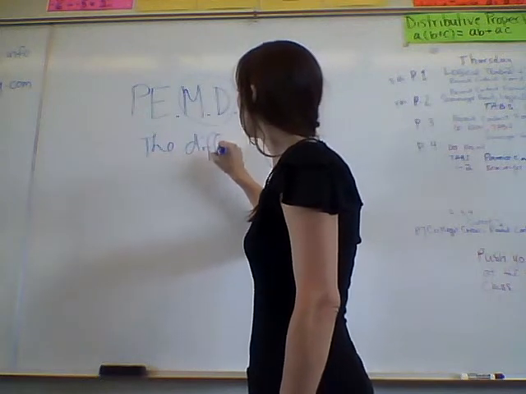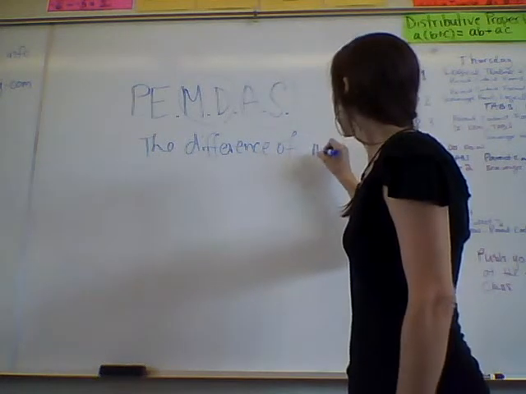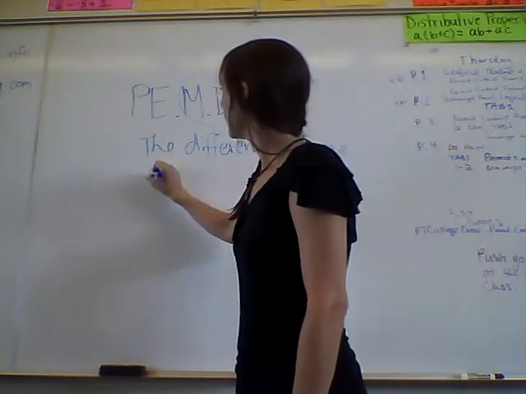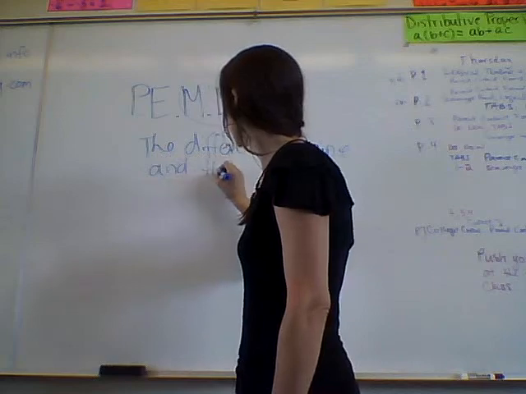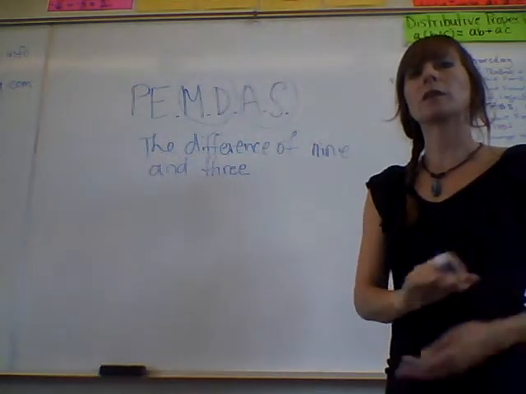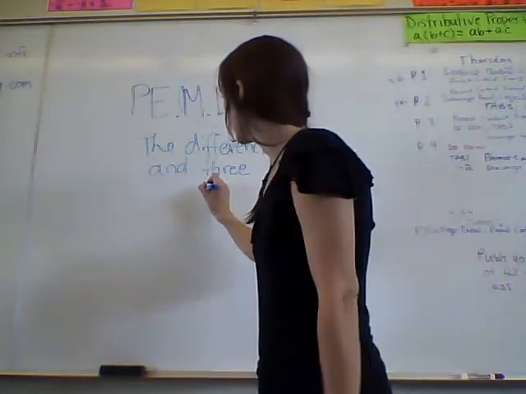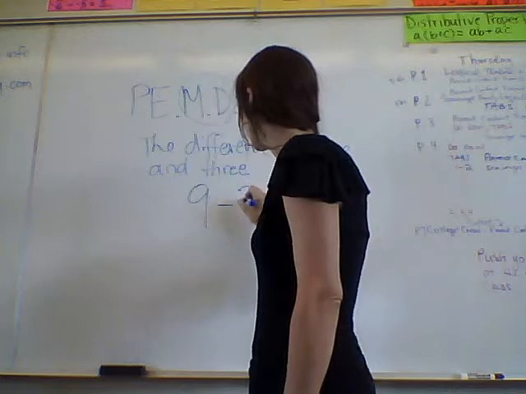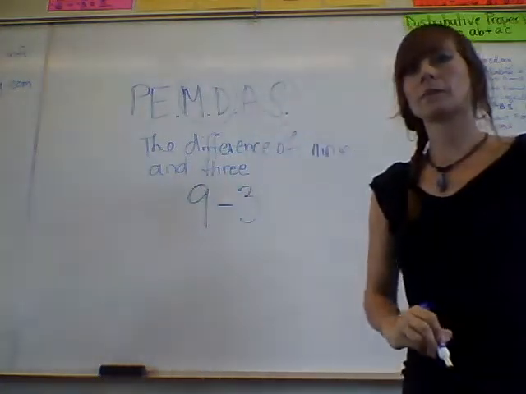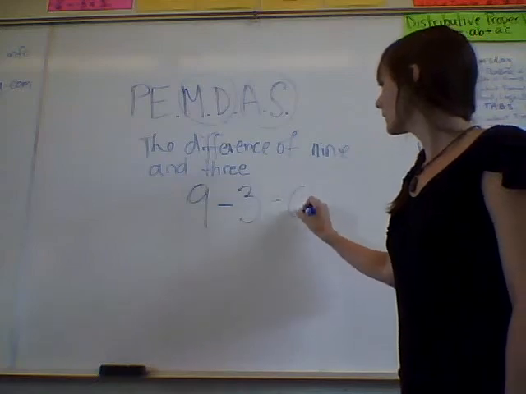The difference of 9 and 3. Okay, and I would write that as a subtraction problem because the difference between two numbers is subtraction. So that's going to be 9 minus 3. Okay, 9 minus 3 equals 6.